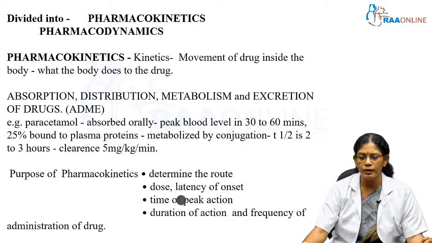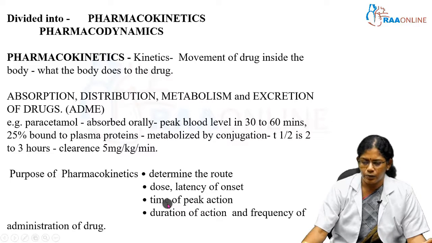The simple example is antimicrobial drugs taken to overcome infection. Some of the drugs are prescribed twice a day, some thrice a day, and some once a day, according to their duration of action and frequency of administration.